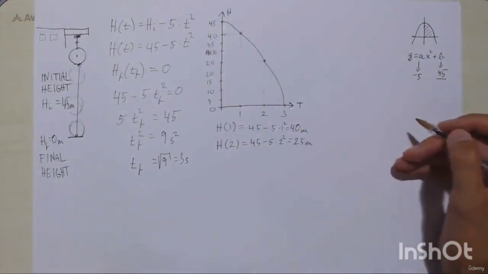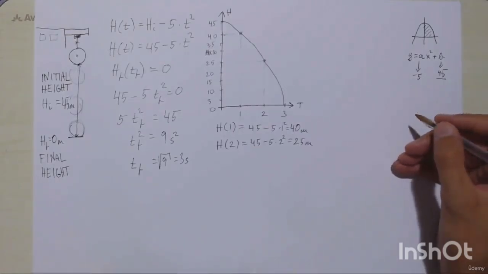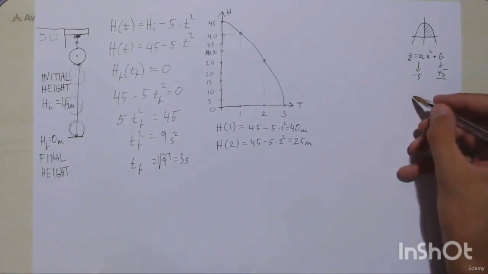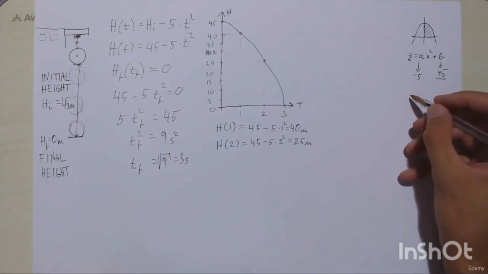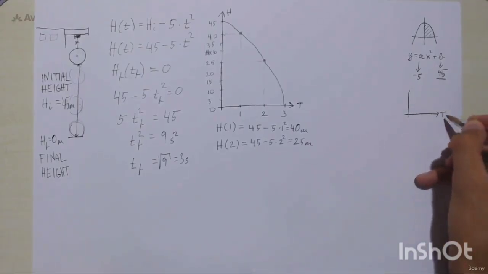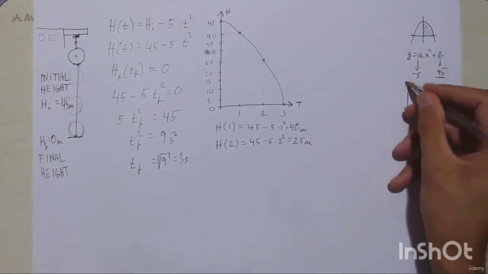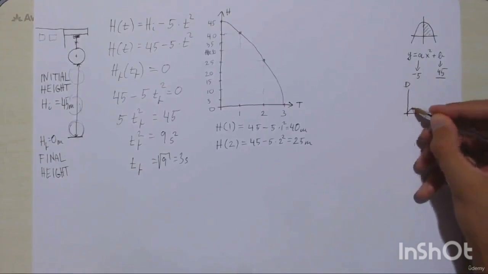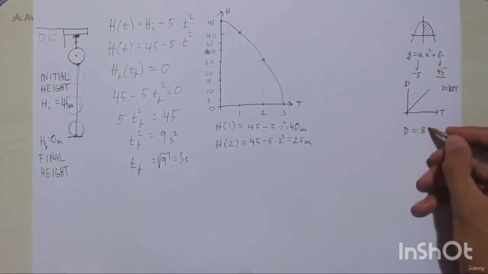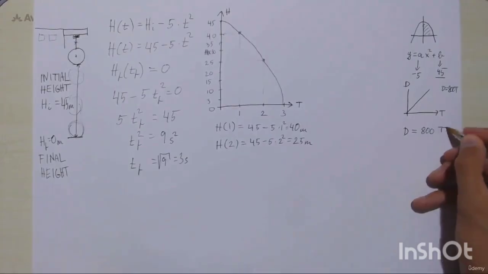In our very first airplane example, we had a function that mapped distance and showed its relationship to time. We had time here, and we had distance here, and then we had a straight line function, distance equals 800 times time.